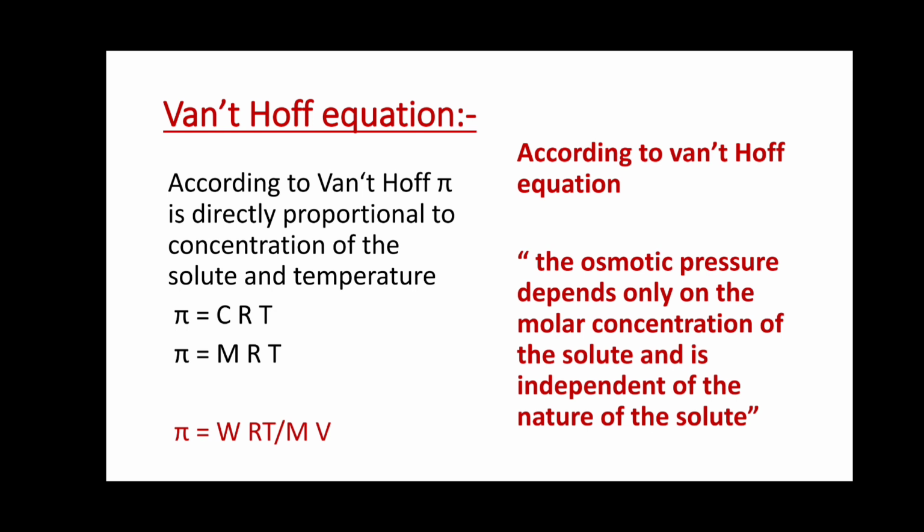So osmotic pressure pi is equal to C R T, where C is the concentration of the solution, R is the solution constant, and T is temperature. Pi is equal to M, molality, since we calculate concentration in molality, into R into T. So this is the Van 't Hoff equation.